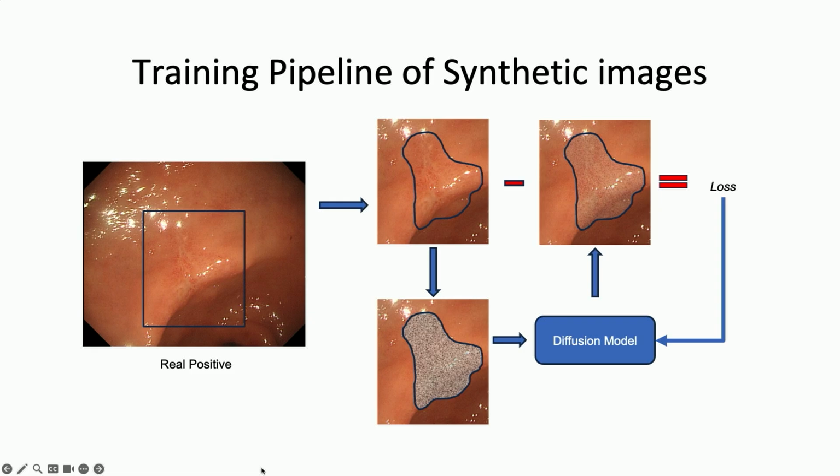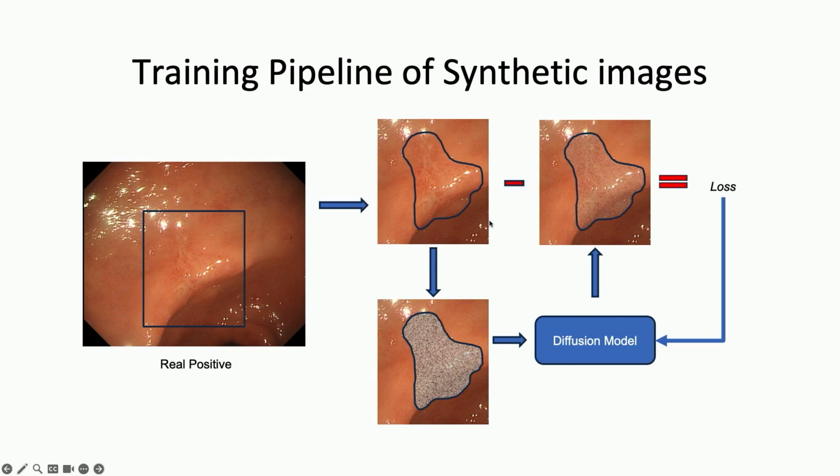The detail of the training pipeline of the synthetic image is just like this. This is a real positive image from a real patient. We can see that this part is an early cancer lesion.